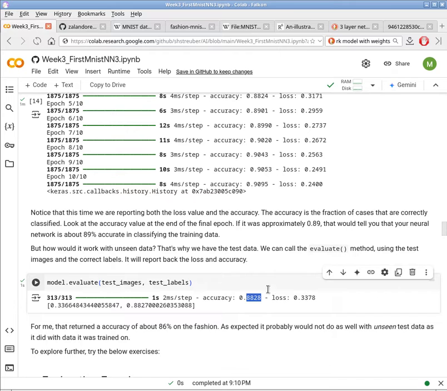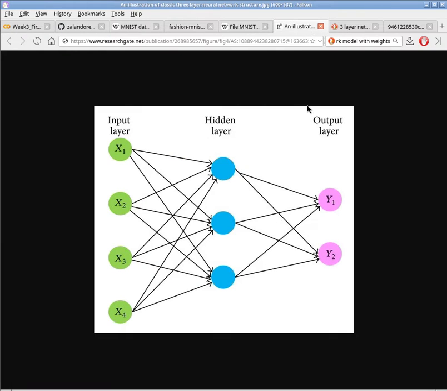To understand what's going on, we're going to go back to our picture of a neural network over here.